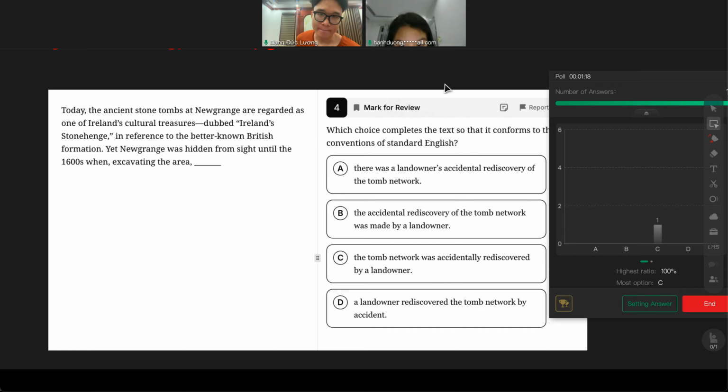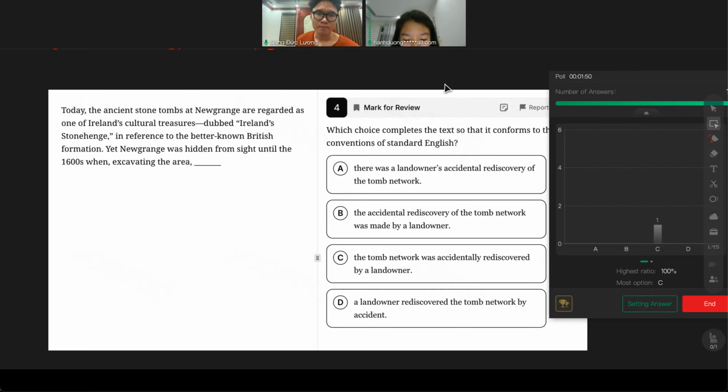There was a landowner's accidental discovery of a top network. Was it the right answer? Was because it sounded more like a sentence by itself. And the second one, the accidental discovery of top network was made by a landowners.